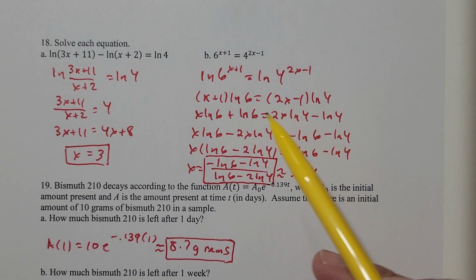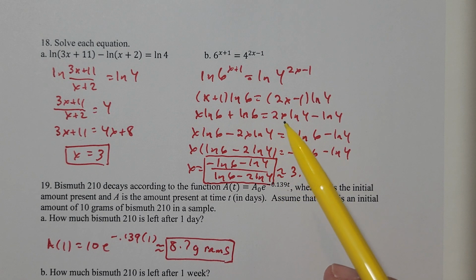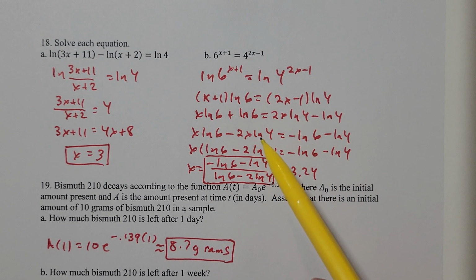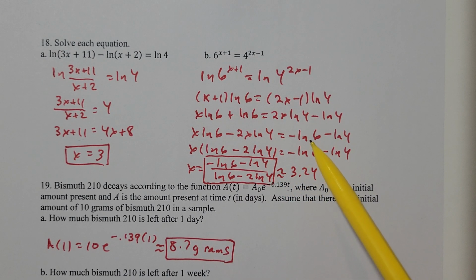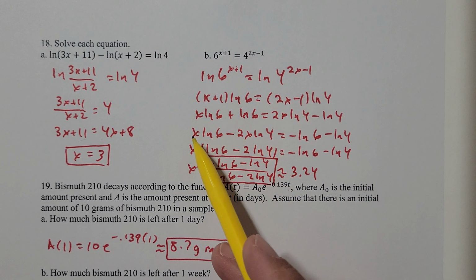Anything involving x, let's get that on the left. All the other numbers, let's get on the right. So I'm going to subtract 2x ln 4 from both sides, and I'm also going to subtract ln 6 from both sides. Now I'm going to factor out an x on the left.